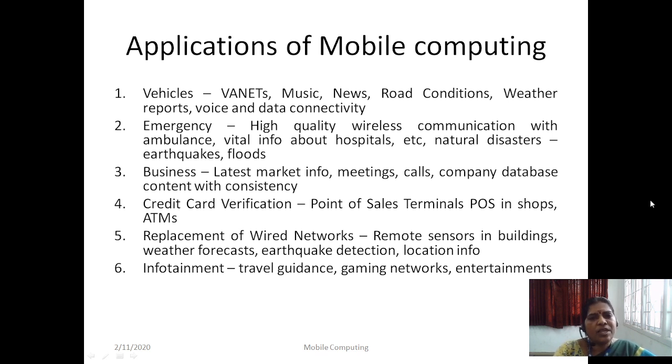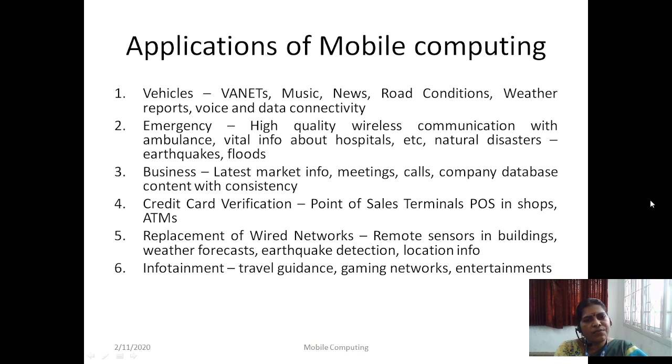Coming to the applications of mobile computing, we can apply it in vehicles for music, entertainment, identifying road conditions, weather reports, and data connectivity for our mobile devices. In VANETs, as we call them in short form.